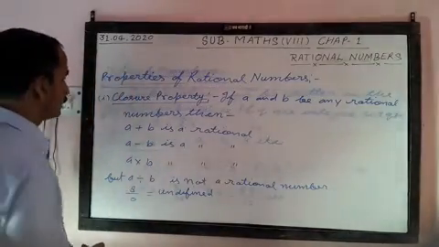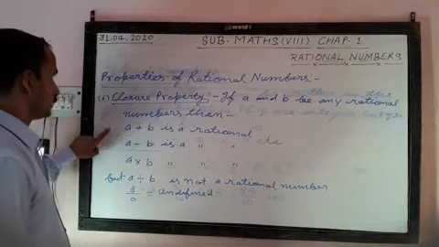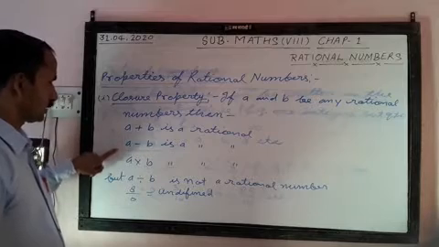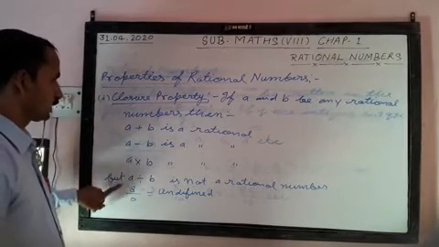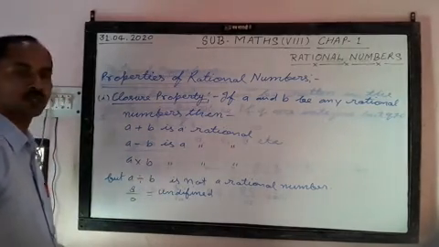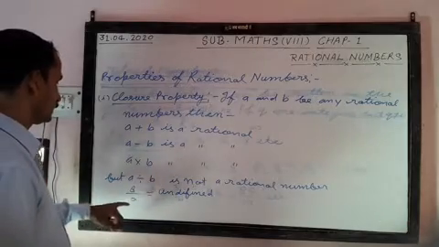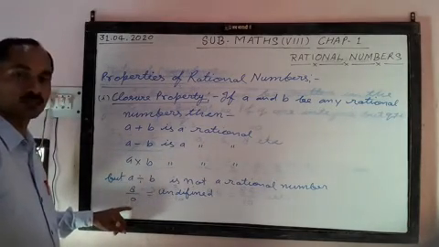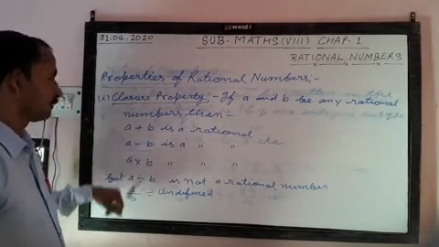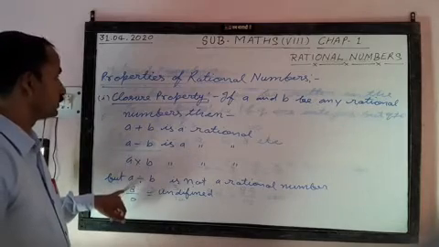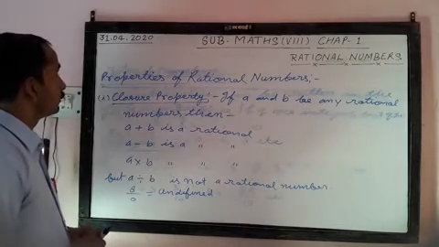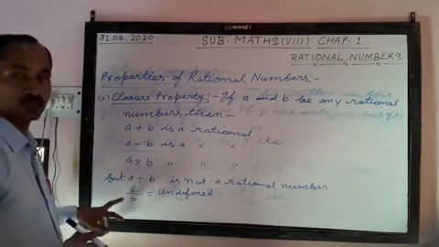So we conclude that the rational numbers are closed under addition, subtraction, multiplication, but not closed under division. And we can say that the rational numbers are not closed for the division.